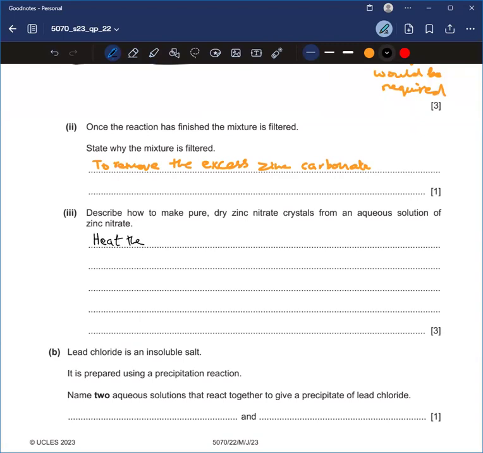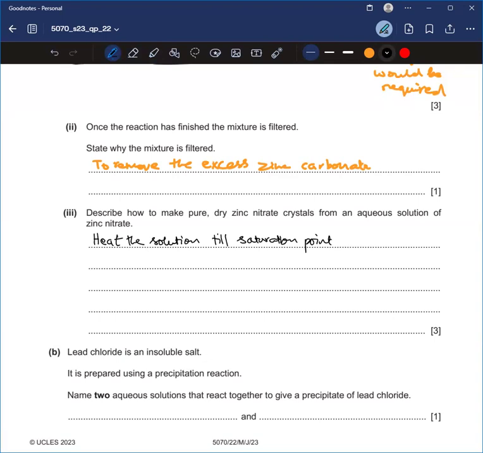Here we will heat the solution till saturation point, or you can say crystallization point.